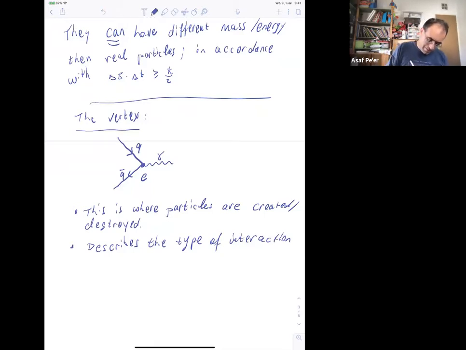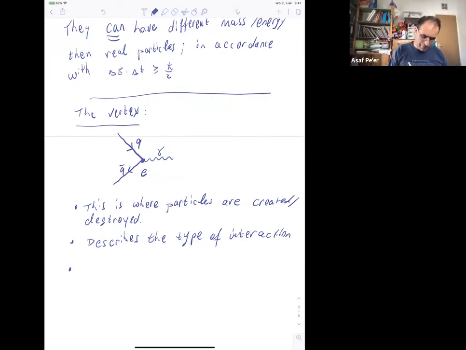One of the most key features of the vertex is that it enforces all the conservation laws which are relevant for the interaction. So all the quantum numbers that enter the vertex are equal to the quantum numbers that leave the vertex. Momentum, generation, whatever.